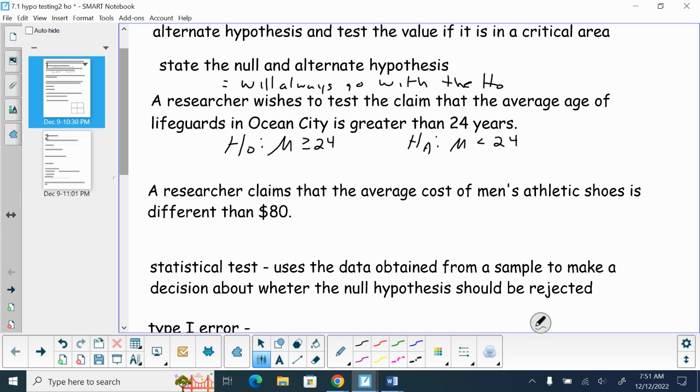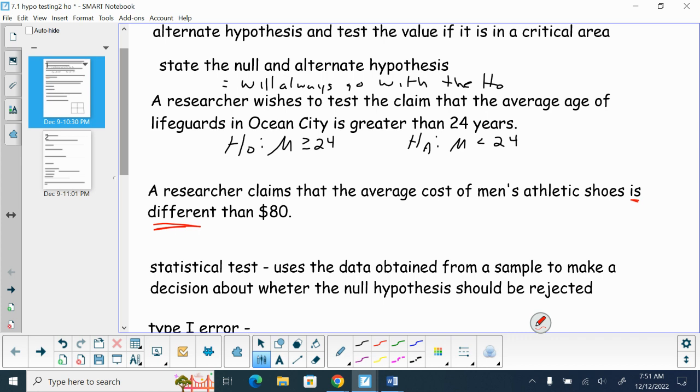So when I'm trying to determine is different than $80, the key thing is looking at the description of what we're dealing with in comparison to the number.